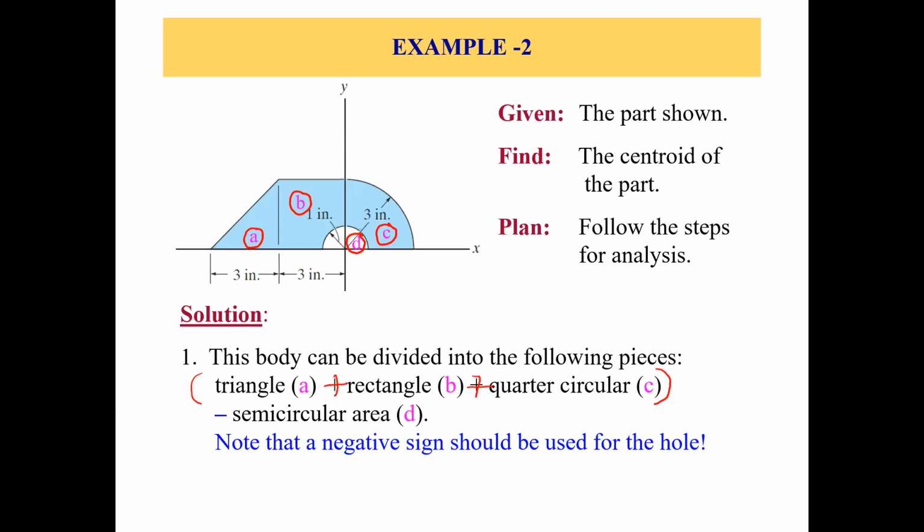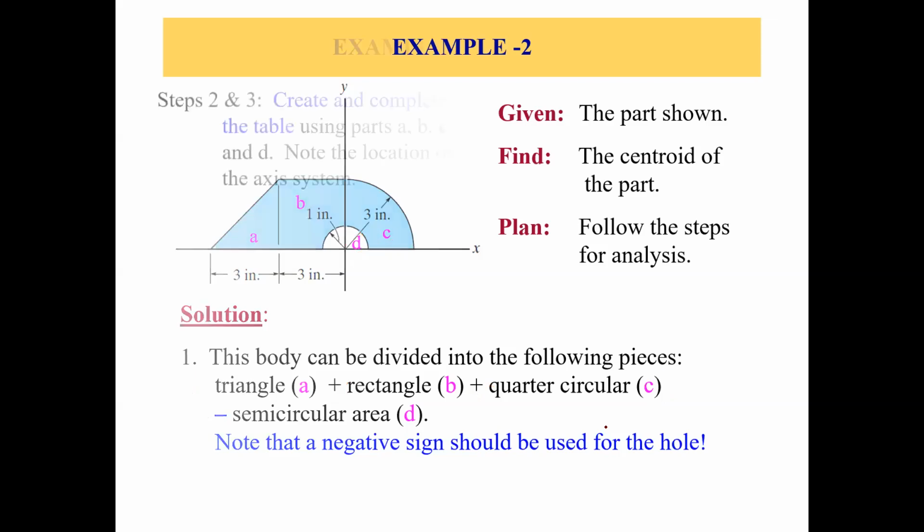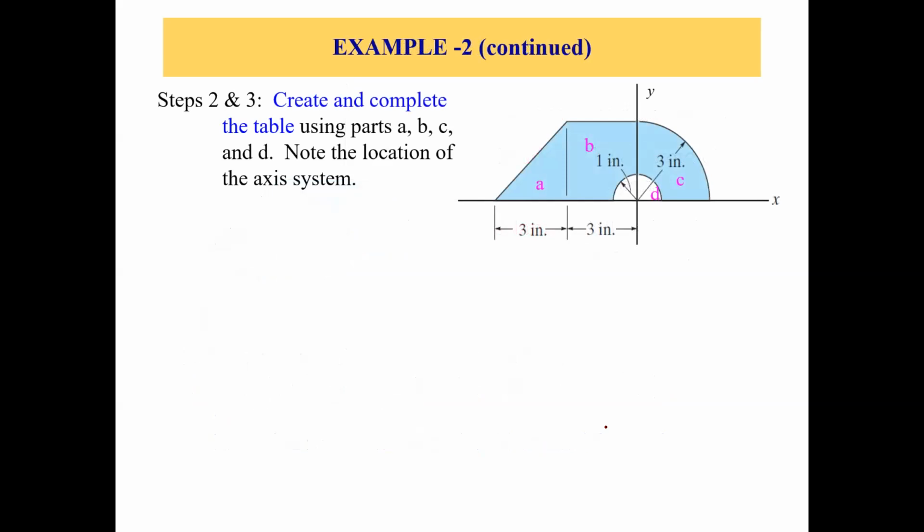So we need to add these three, and then we have to subtract this semicircle area, right, or part D. Okay. All right. So we are done with dividing this shape into different simple shapes, right? So now let's move forward and find out the center of area or the centroid.